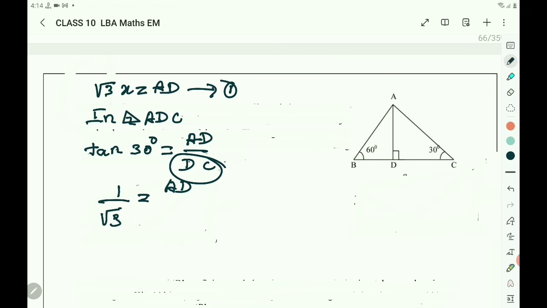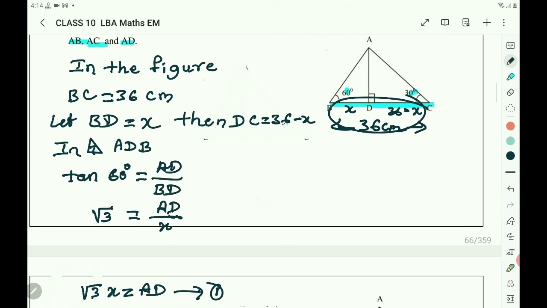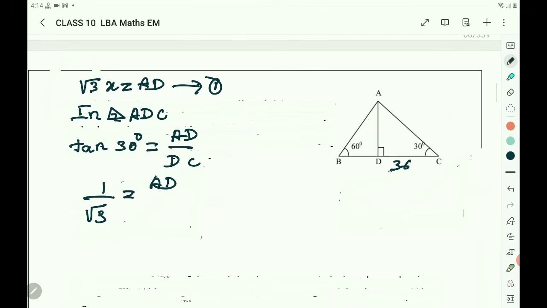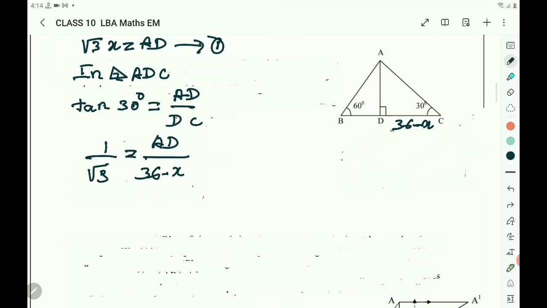Then CD is taken in terms of x, that is 36 minus x. Then transfer this 36 minus x to the numerator of the LHS. Then you will get AD equals 36 minus x by root 3.